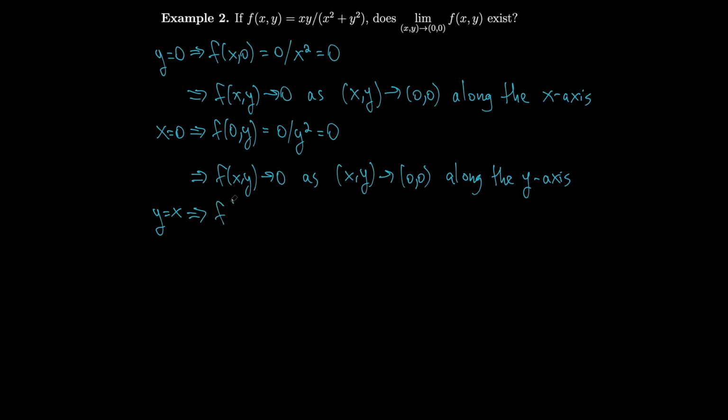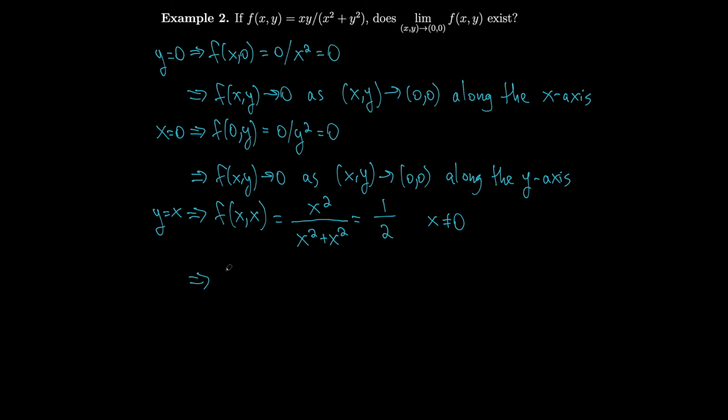That means that I have f(x, y), but y is equal to x, so I just replace y with x, and do f of (x, x). So that would be x squared over x squared plus x squared, which is x squared over 2x squared. So I'll cancel out the x squareds and just get 1/2, provided that x is not 0.